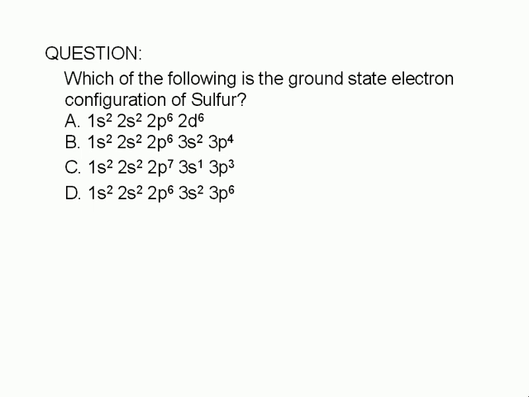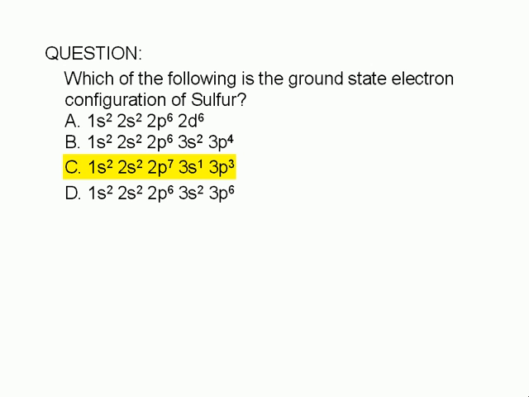Which of the following is the ground state electron configuration of a sulfur atom? A. 1s2, 2s2, 2p6, 2d6. B. 1s2, 2s2, 2p6, 3s2, 3p4.